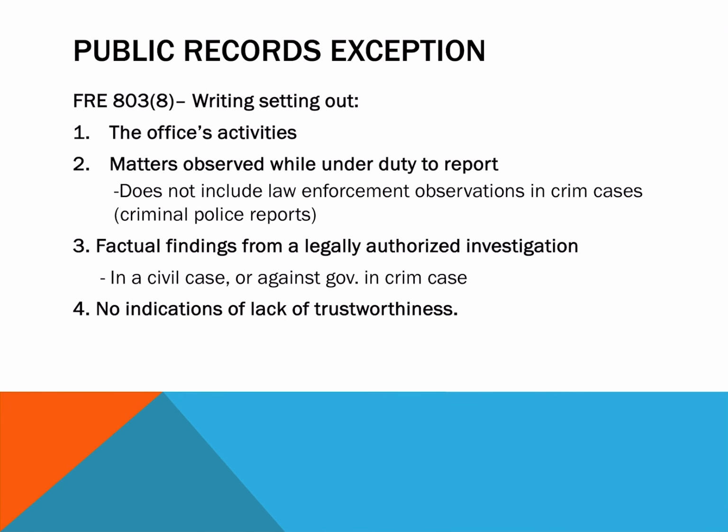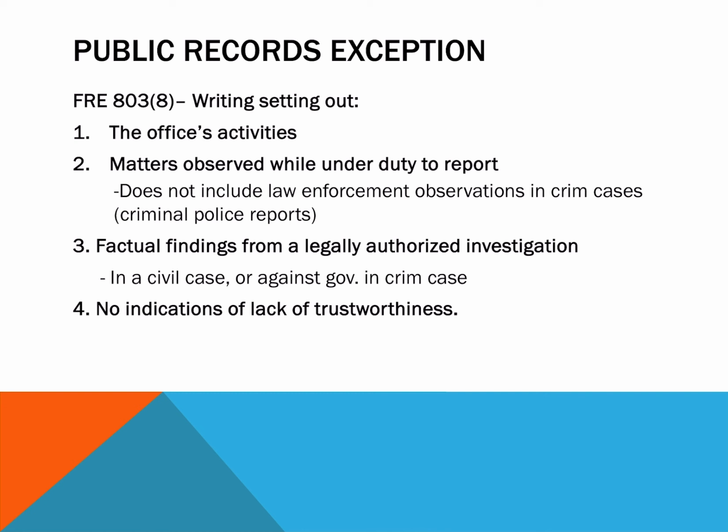So moving on to the public records exception. So this is again dealing with writings, with records, but they're specifically public records. So the FRE for this is 803(8), and these are writings that record the public office's activities. Or number 2, matters that were observed under a duty to report.